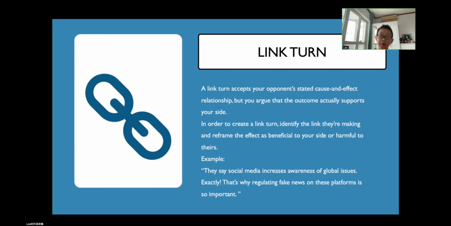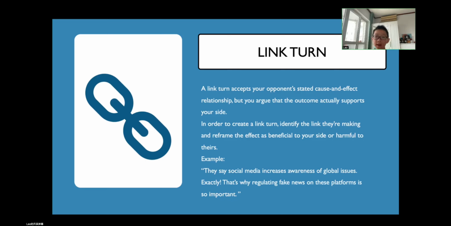A link turn basically accepts your opponent's stated cause and effect relationship, but you argue that the outcome actually supports your side. So you start by looking at the cause and effect relationship and twisting the effect, saying that the effect actually supports our case. For example, they say that social media increases awareness of global issues.